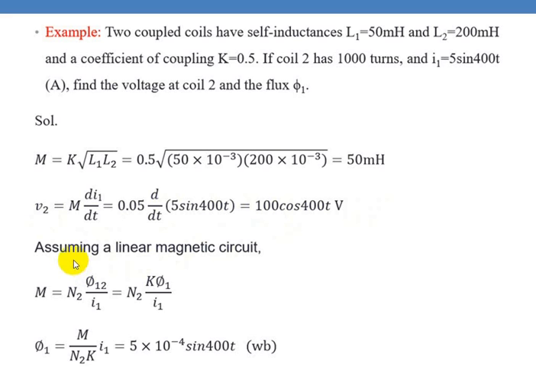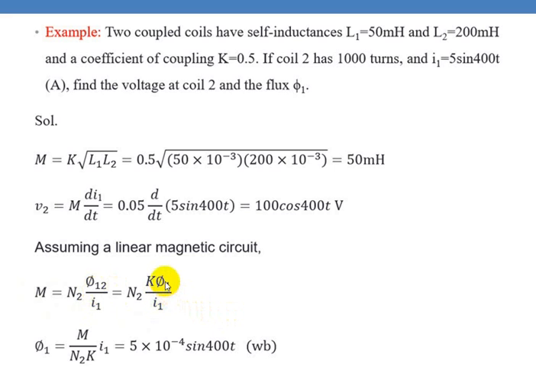Now if you assume that the magnetic circuit is linear, then we can write the following equations. We can write mutual inductance as N2 into Φ12 by I1. Also Φ12 can be written as K into Φ1, that divided by I1.